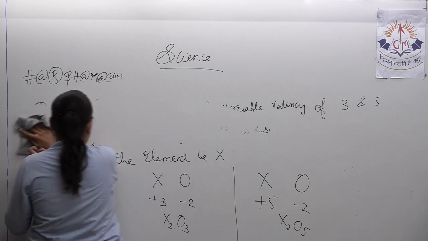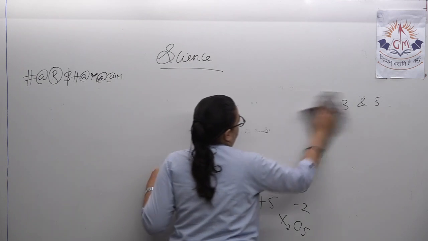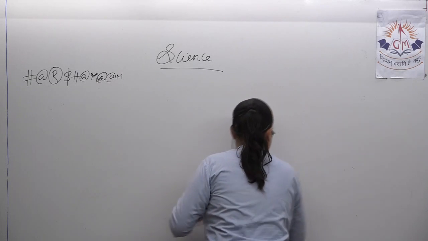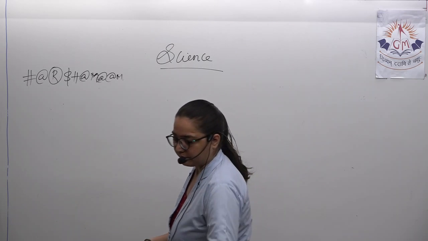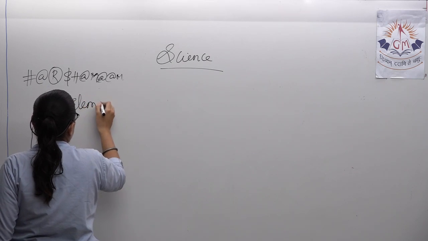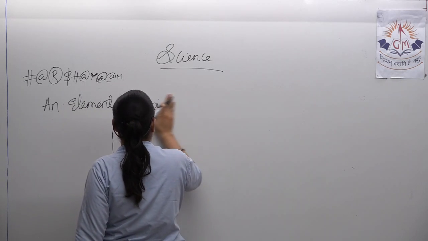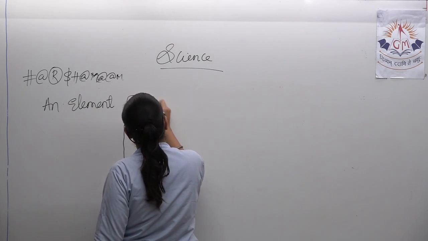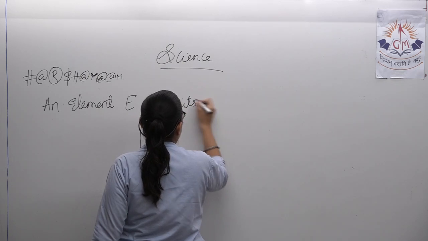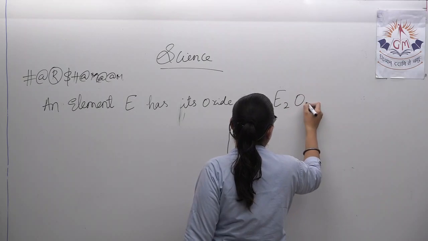Next, an element E has its oxide as A2O3.